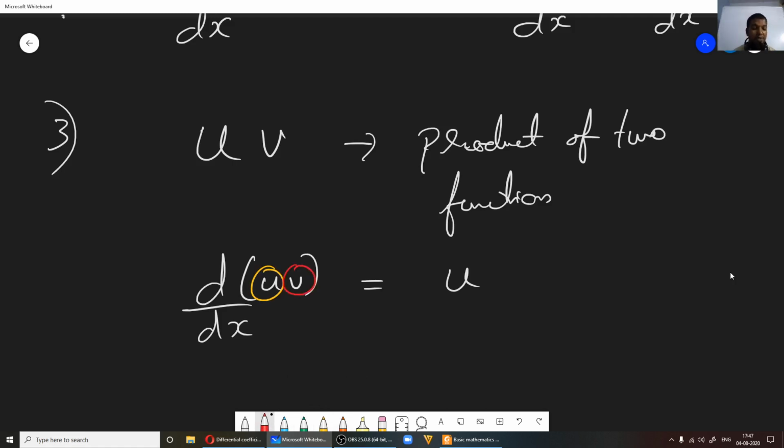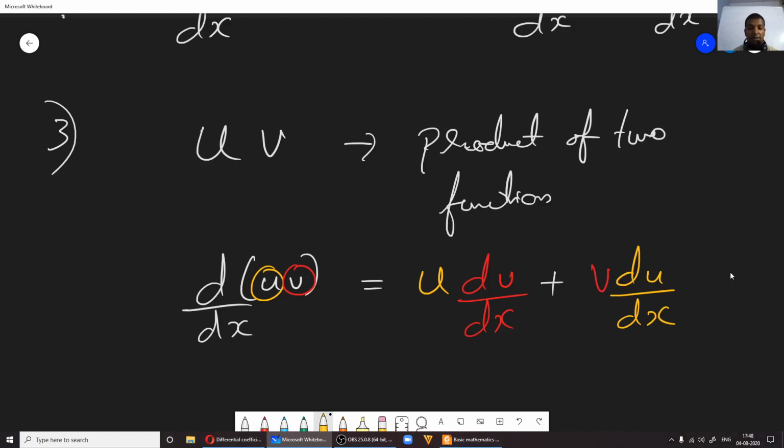Now remember this. d by dx of the product uv, we'll write it as u dv divided by dx plus v du divided by dx. First comes u, then differentiation of v, plus v times differentiation of u.